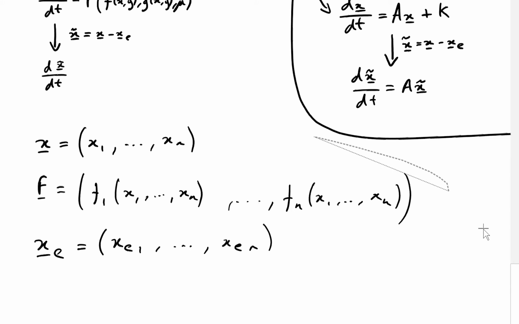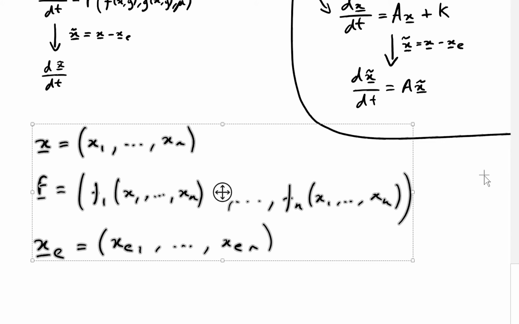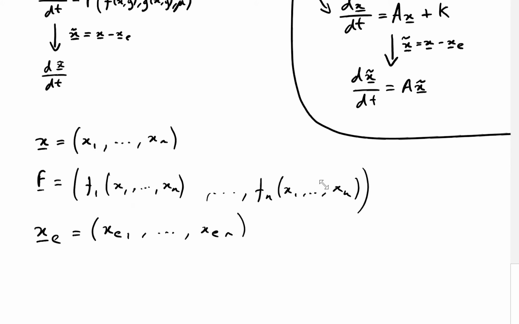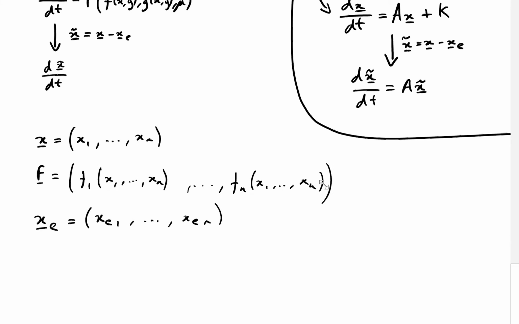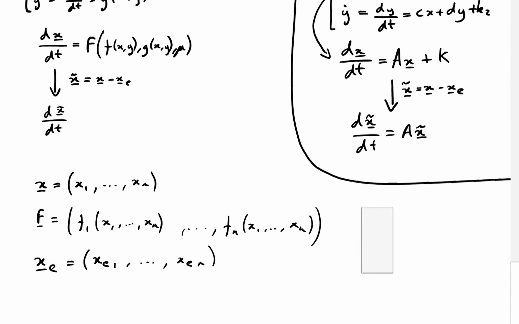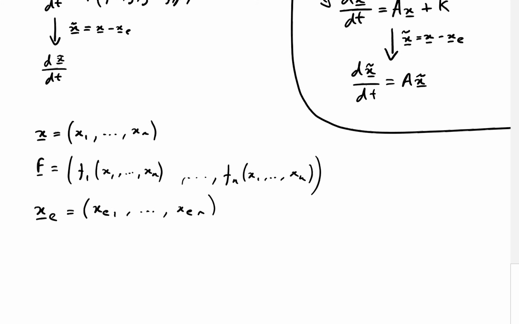And then basically what we want to do now is represent, like we did up here with our linear case, these two equations as one equation. We're going to do exactly the same with our n multivariable case. We saw it happen with the 2 variable case, let's have it happen with the multivariable case. So we've got dx by dt, where x is all our variables, differentiated with respect to t.